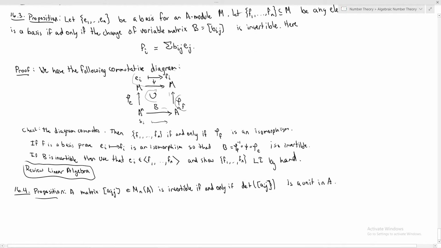And I'm not going to prove it, but I'll tell you the key thing that you need to prove this. You construct something called the adjugate. So you need to construct this adjugate matrix, which there's a formula for that you can probably find on Wikipedia.